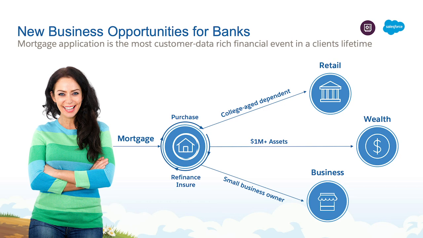In the course of figuring out the right loan options, the bank could discover that the client may also need a student loan for their college-age dependents, or that the client has a high balance in a checking account earning nothing, and with a little advice from a financial professional, they could invest and grow that money. There are a lot more scenarios, but undoubtedly having all the rich information collected in the mortgage application process can help banks better understand and serve their clients.